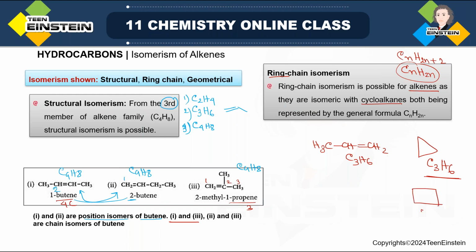Similarly, I can take C4H8 cyclobutane, but now in this case you can take 1-butene, 2-butene, whatever you take. This is C4H8, and this is also C4H8. Okay, so these are related to cyclobutane by a ring chain isomerism relationship.